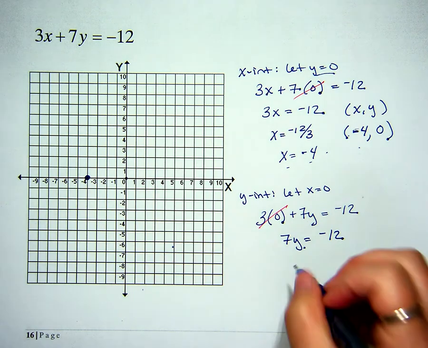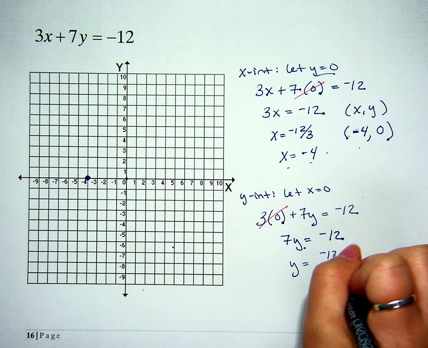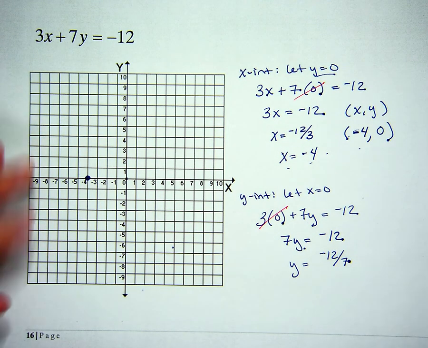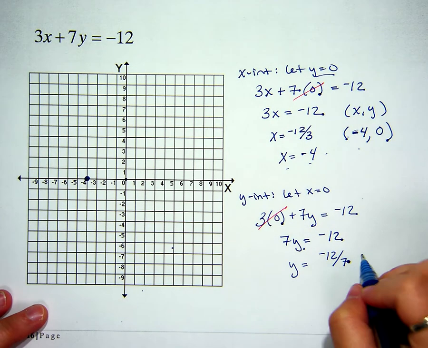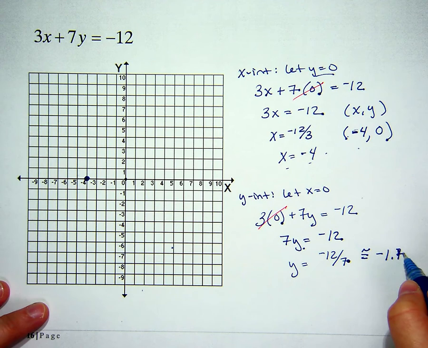Y equals negative 12 sevenths. In order to plot this, I want to figure out what that is as a decimal. So I'm just going to put it in my calculator. It's negative 1.71, roughly.